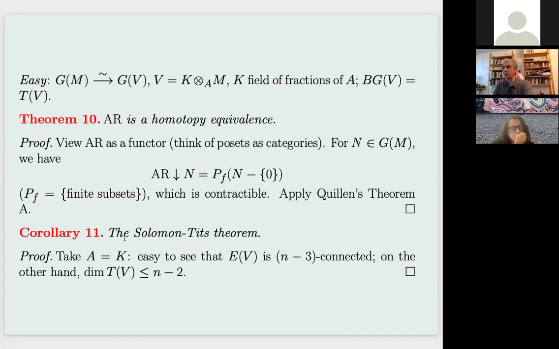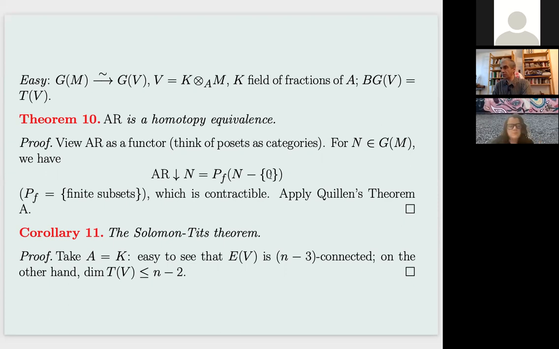And the proof is almost trivial, because you think of AR as a functor, thinking of partially ordered sets as categories, and then you apply Quillen's theorem A. So to apply Quillen's theorem A, I take an object in the target and I look at its homotopy fiber, and then you compute that the homotopy fiber is the poset of finite subsets of N minus 0, which, well, that's all.